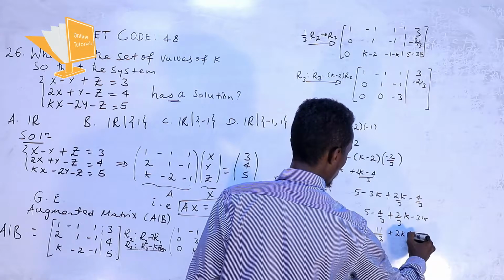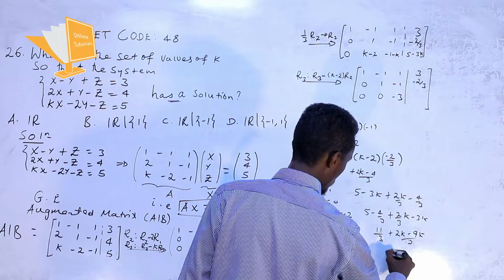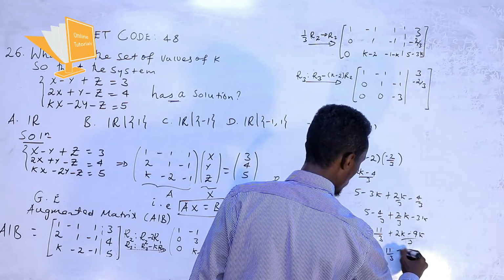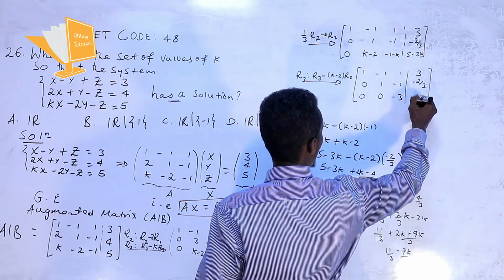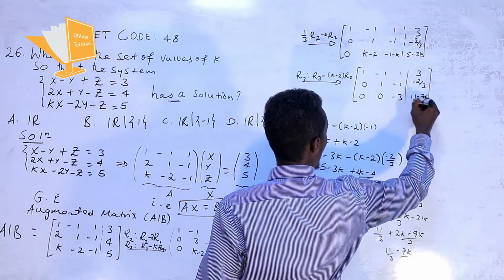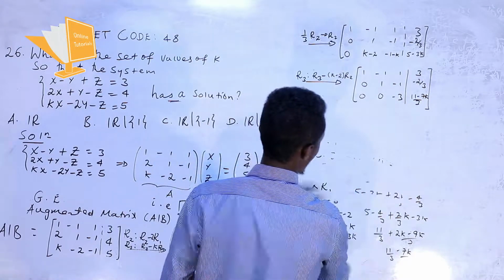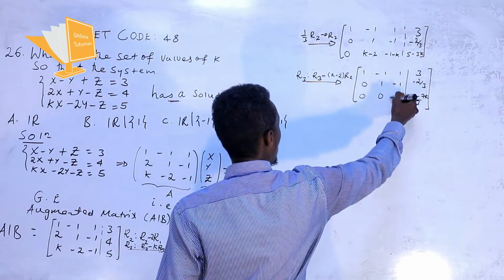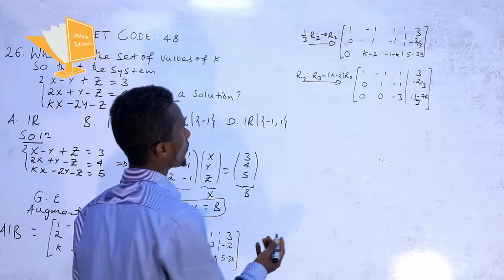2k minus 9k, so this becomes 3, so 11 over 3. This result becomes minus 7k, so at this point the value becomes (11 minus 7k) over 3. ይሆናል ማለት ነው. ኦኬ አሁን ይሄን አገኘን. Next, ምንድነው የምናደርገው? Make this entry become 1 ማድረግ አለብን.